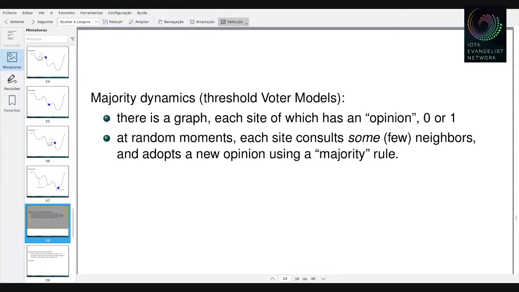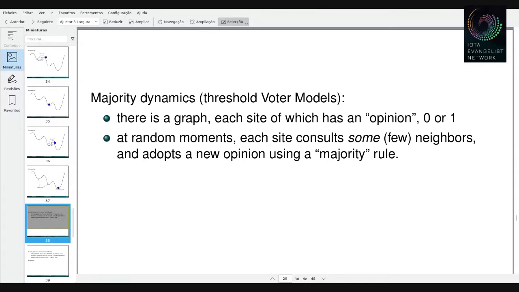There is a graph, each site of which has an opinion, 0 or 1. You may think about it as 0 meaning that some given transaction is invalid, and 1 meaning it is valid, and the nodes of the graph are the nodes of the network.